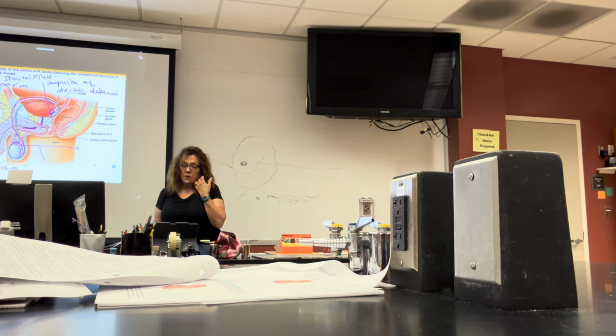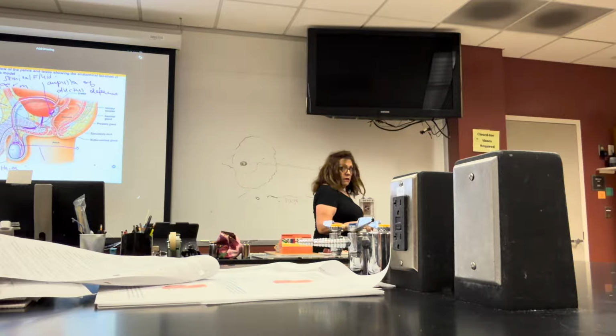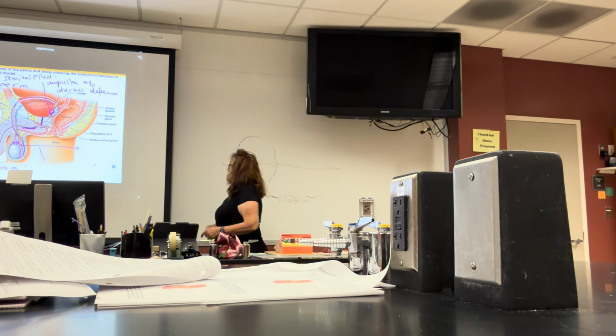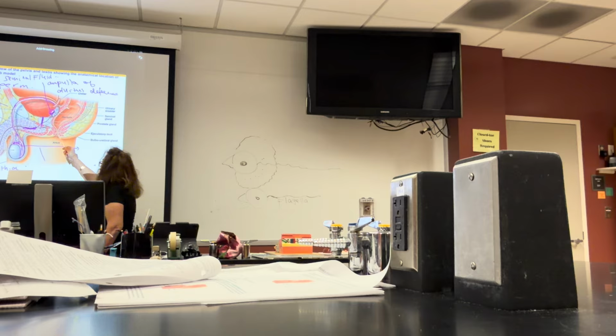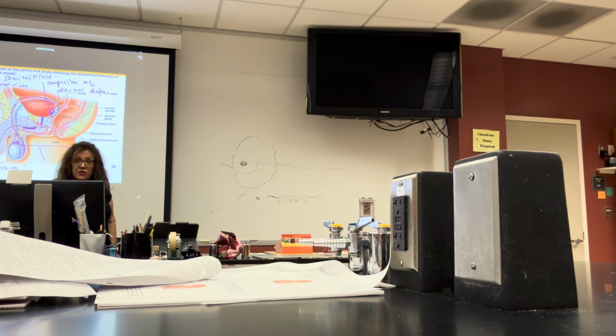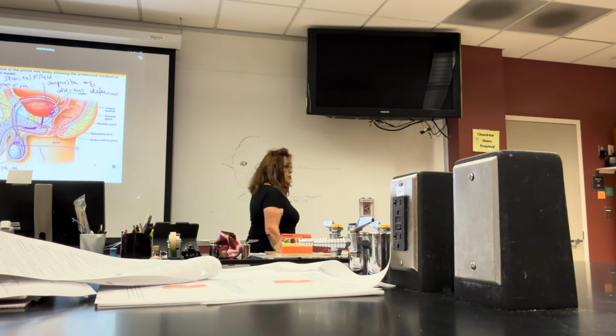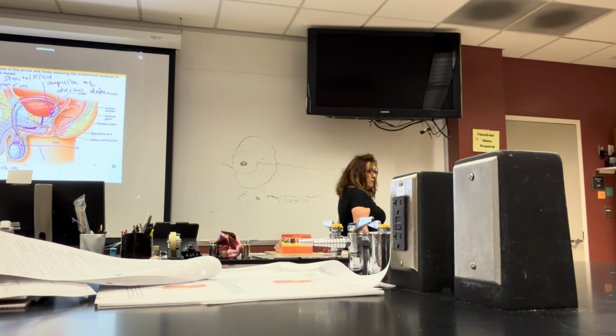Okay? So the seminal vesicle only produces seminal fluid. The prostate produces 30% of the seminal fluid. Now, the seminal fluid is necessary for a spermatozoa to be able to suspend and be able to swim.